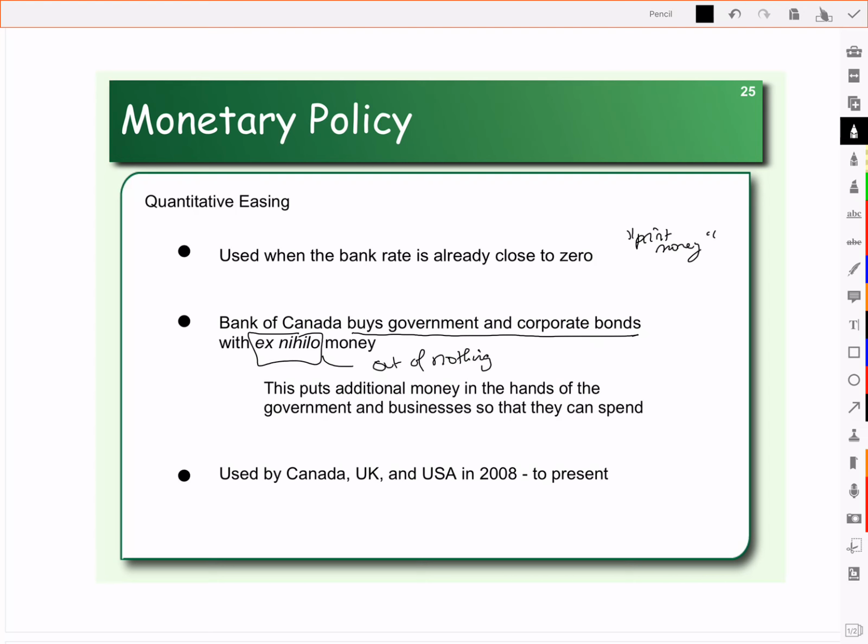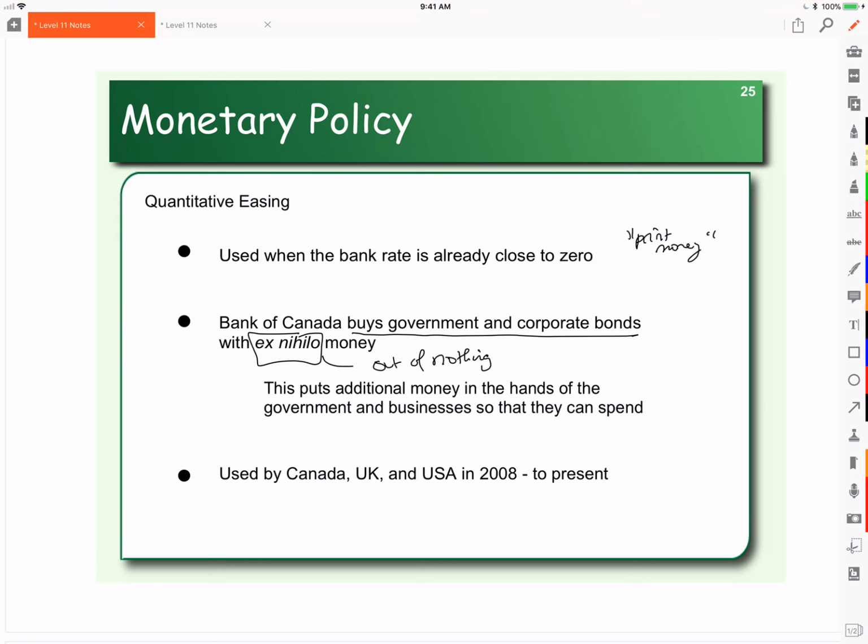You're lending money to companies and the government to get them to spend. And now as we start to reduce the quantitative easing because our economies are doing better, then what you're seeing is that ex nihilo money being pulled out of circulation. We cash in the government bonds, we get the money back, and then we just make zeros disappear from the electronic account and make the money go away.